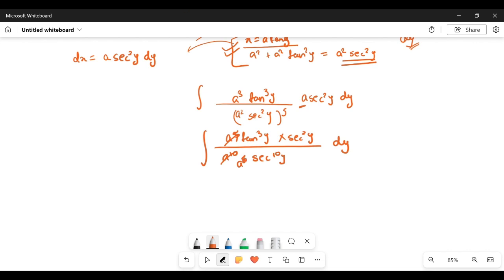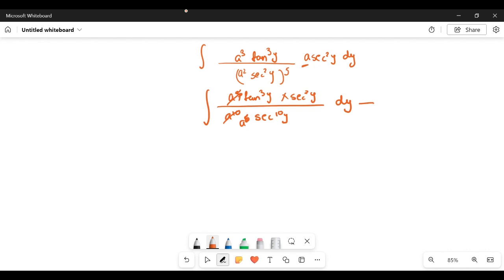So let's bring this thing out, and this is tan cube y still, and here it will be the power 8. So it's sec to the power 8 y, right? Means sec y to the power 8, right? That's how we can say.